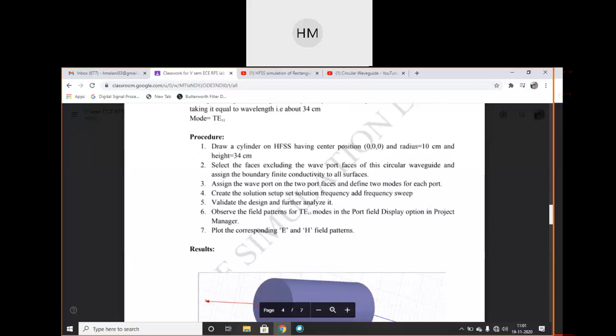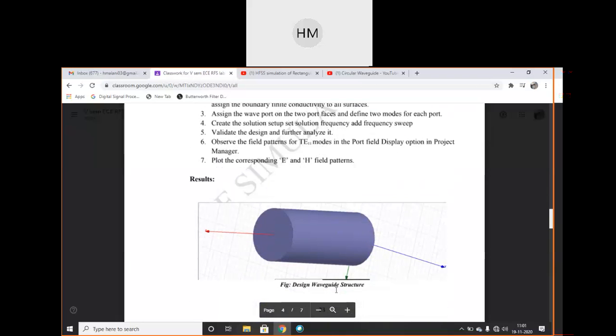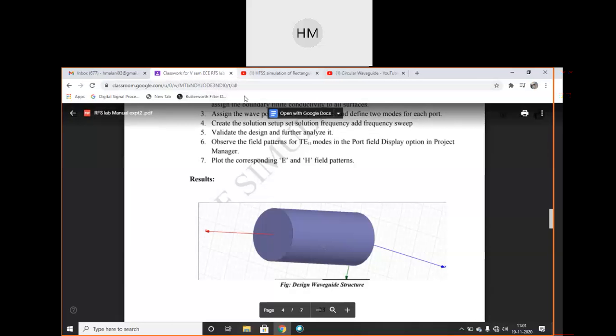Clear? After following this process, I will get a cylindrical waveguide structure.